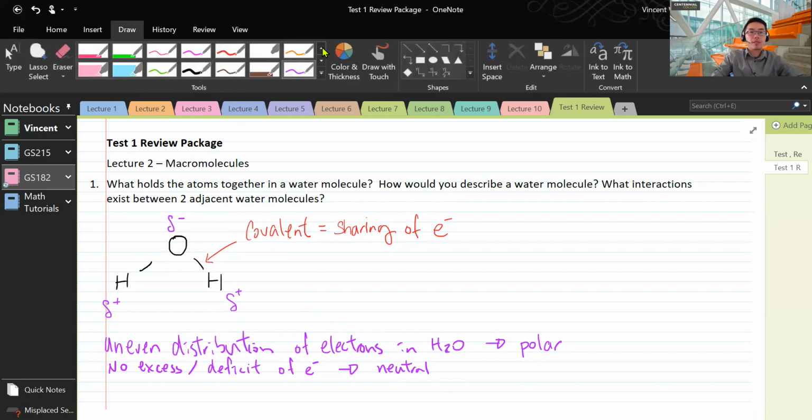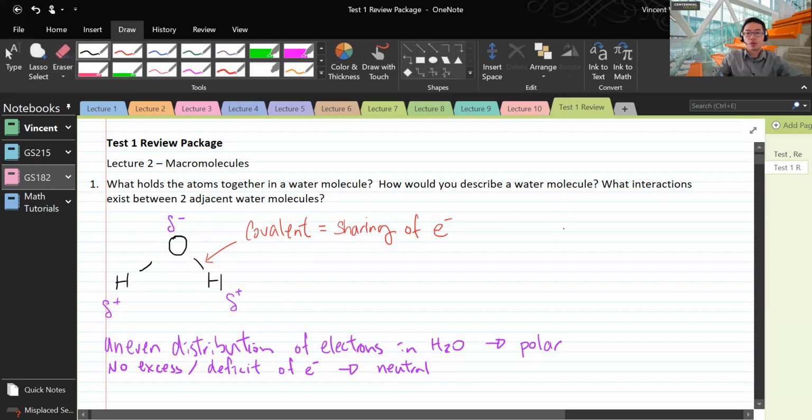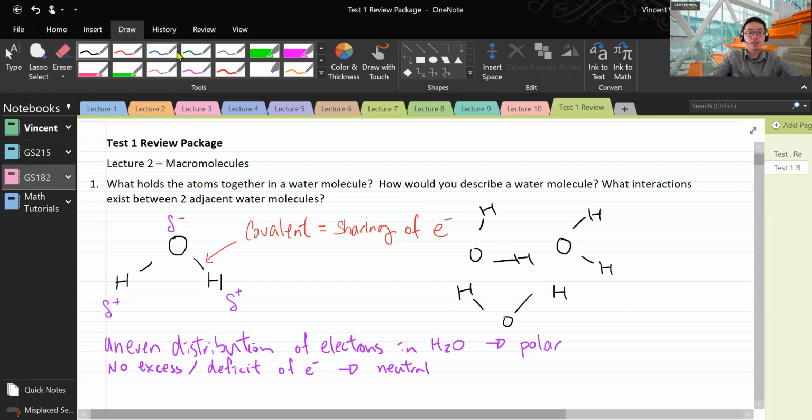Now let's take a look at what happens when you have two water molecules right next to each other. Let's say we have an H2O here, and then I'm just going to put another H2O here. And maybe just for good measure, let's just throw another one in. Right? So what happens is the slightly negative oxygen of one water molecule will be attracted to the slightly positive hydrogen of another atom.